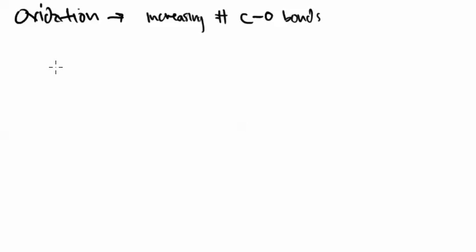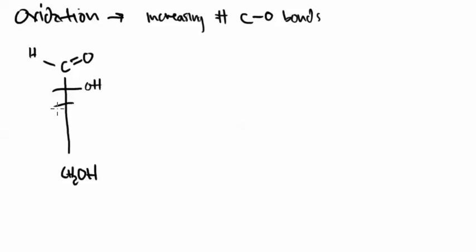Alright, so if I take a sugar, and let's just start off with an aldose. I have a C double bond OH here, and then we have a CH2OH down here below. And let's do OH group on the right, OH group on the left, OH group on the right, and OH group on the right.